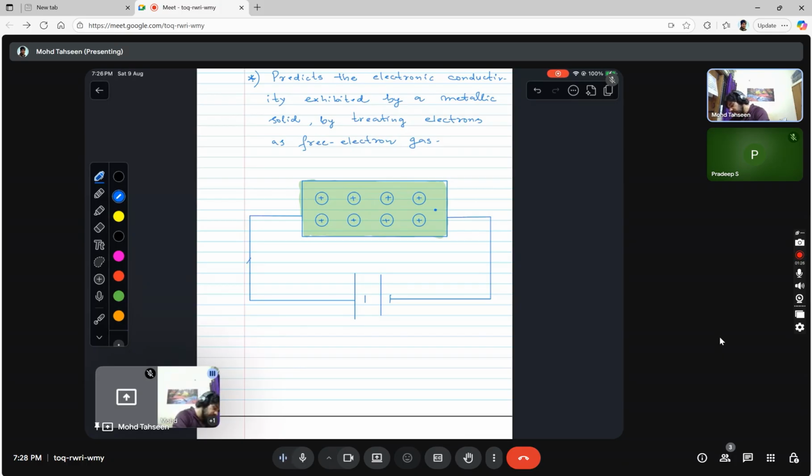The direction of current is given from positive to negative, while the motion of electrons will be this way. Electrons will move here, while the conventional current will move in this direction.